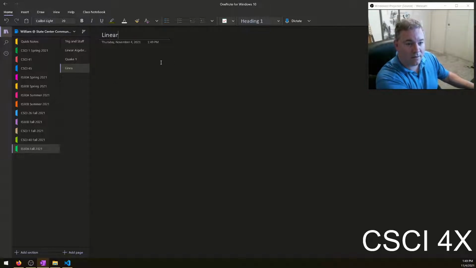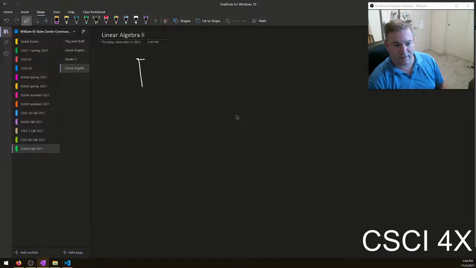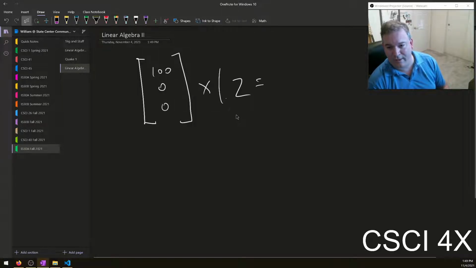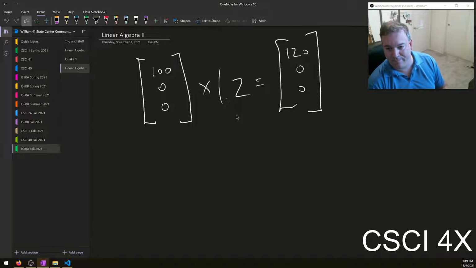So let's do more linear algebra. If you have a vector, like, let's say that it's traveling 100 miles per hour to the east, none up and none in and out, and you multiply this vector by 1.2, what happens is the velocity becomes 120, 0, 0.